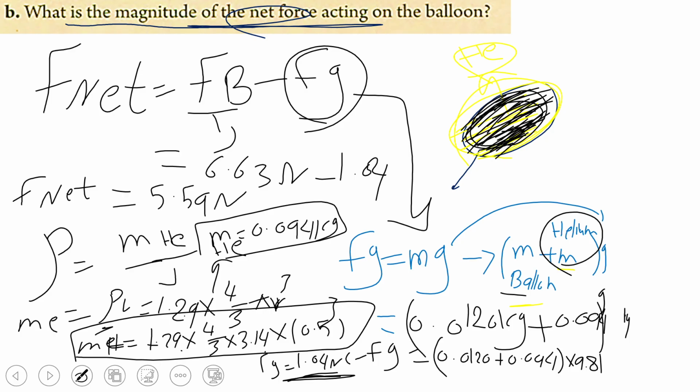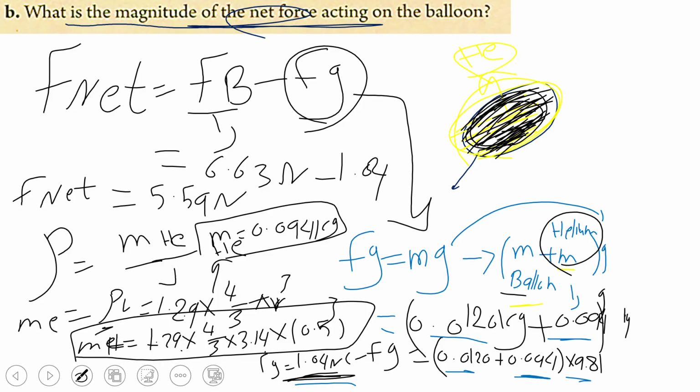So guys, because we don't have Fg, we found Fg by this rule. We add both the mass of the balloon we have, and the mass of the helium we don't have. We have to find it, which is equal to 0.094, and this is the mass of the balloon. At the end, plus this and multiply the result by 9.81. The answer is 1.04.